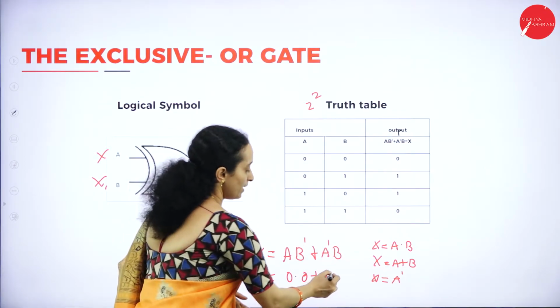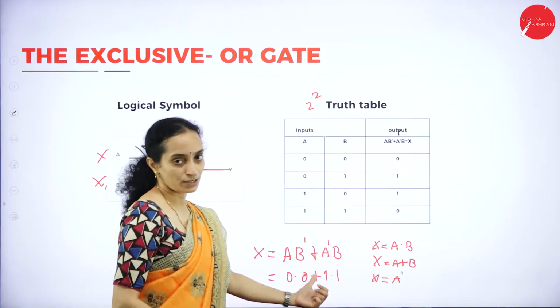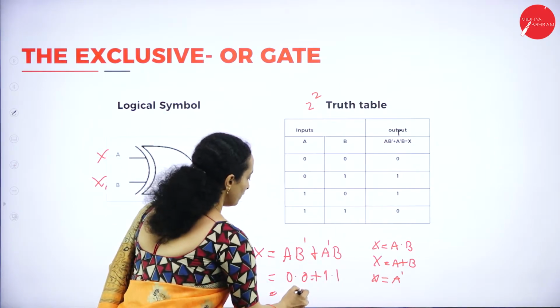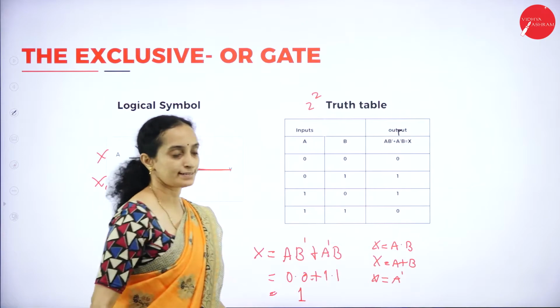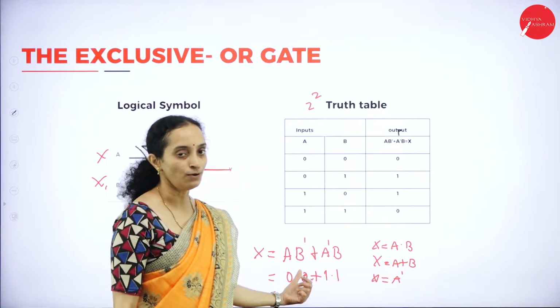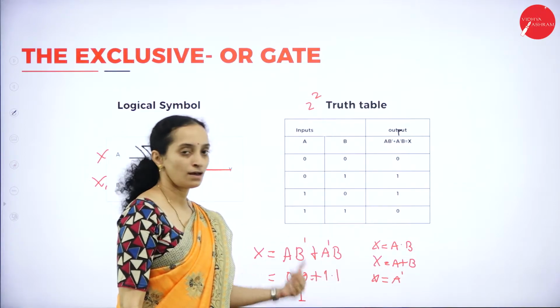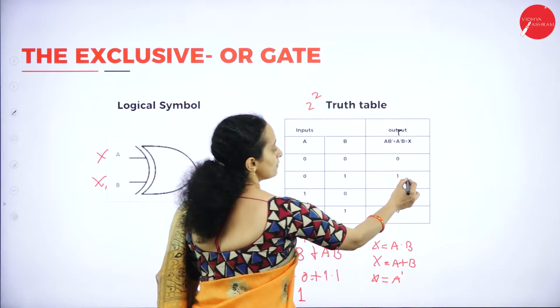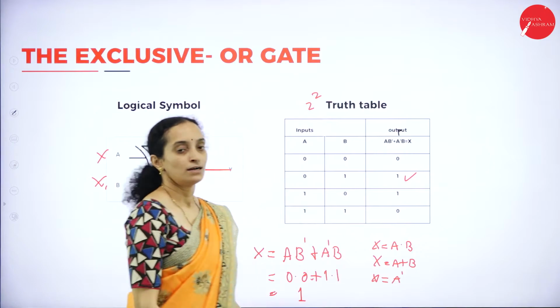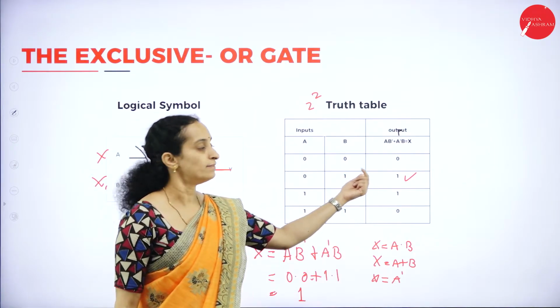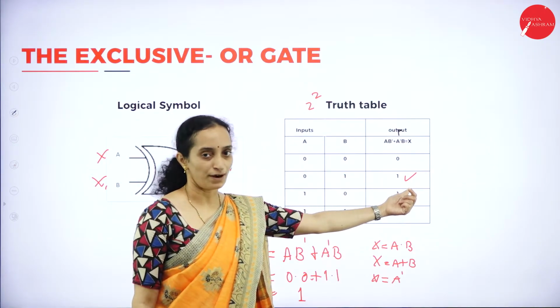B will remain as it is. 0 into 0 plus 1 into 1 gives you 1, isn't it? 0 into 0 is 0, whereas 1 into 1 is 1. 0 plus 1 is 1. So the output with one of the inputs as 1 will give you the result 1.